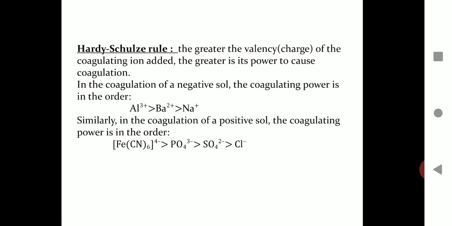That is, aluminium ions will have a greater coagulating power as compared to barium ions, and barium ions will have a greater coagulating power as compared to sodium ions.